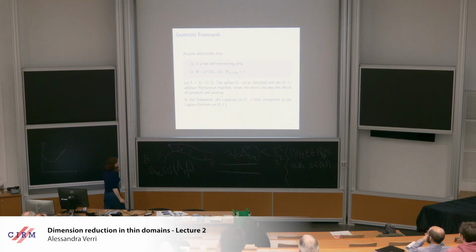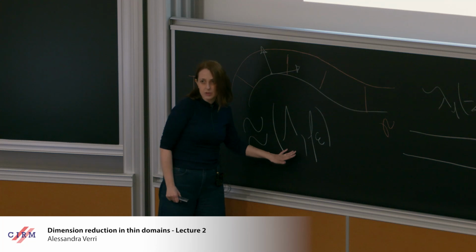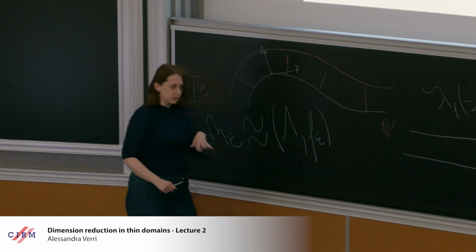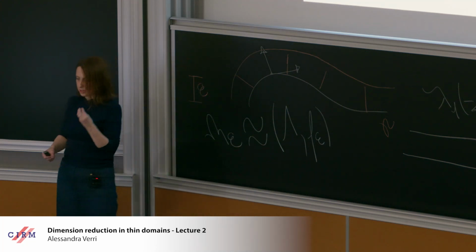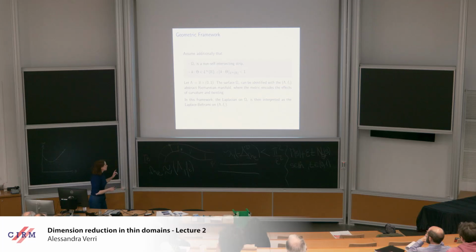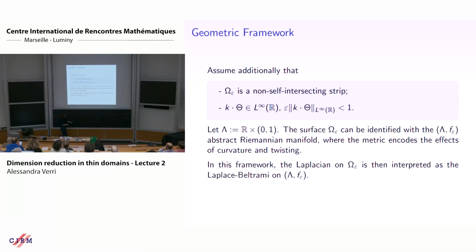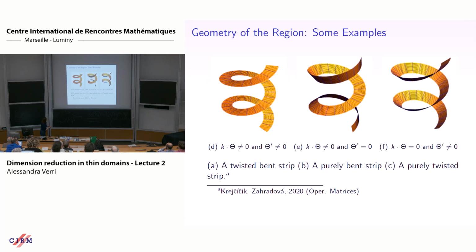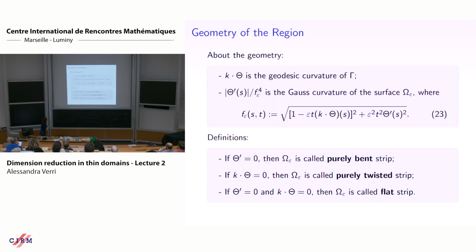So now we pass to see our regions as Riemannian manifolds, and here we consider the Laplace-Beltrami operator. So the problem now is well posed. Just to recall the expression of f epsilon, it is given by (23) here.